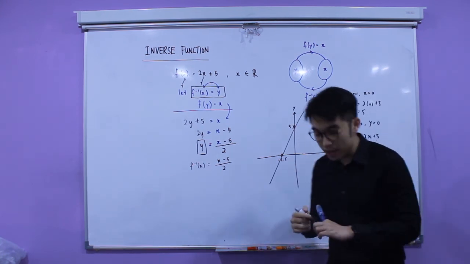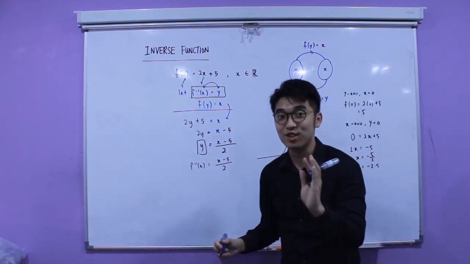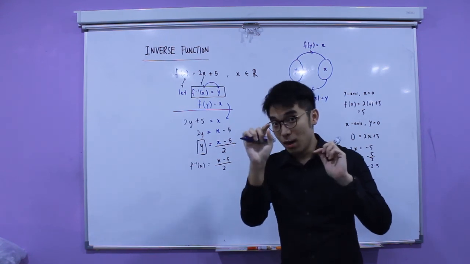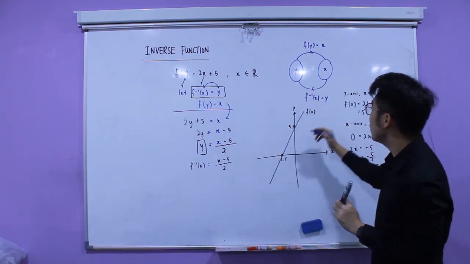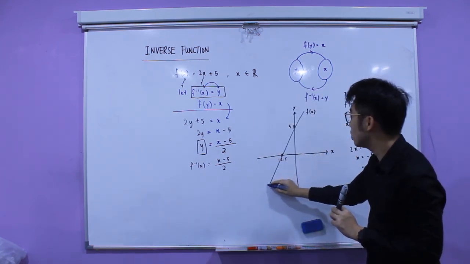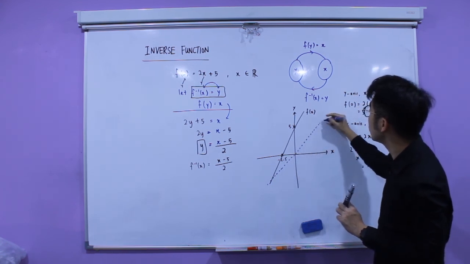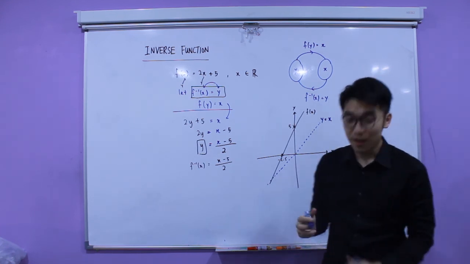So how do we actually sketch an inverse? Remember, the trick is this. You have to draw a dotted line based on the equation y equals x. Always remember the rule, y equals x. This is the line that we need to sketch whenever we try to sketch an inverse function.